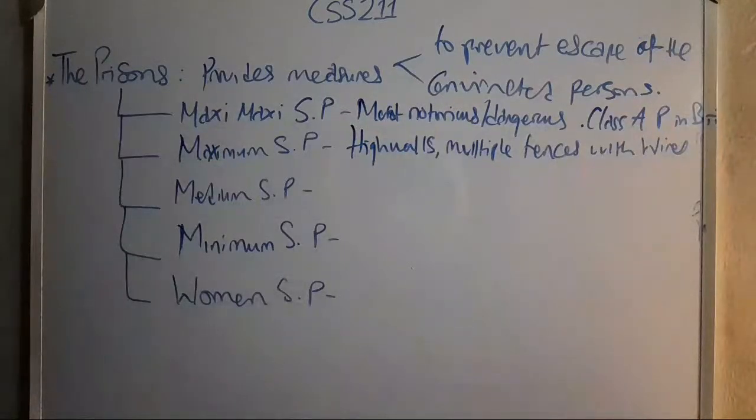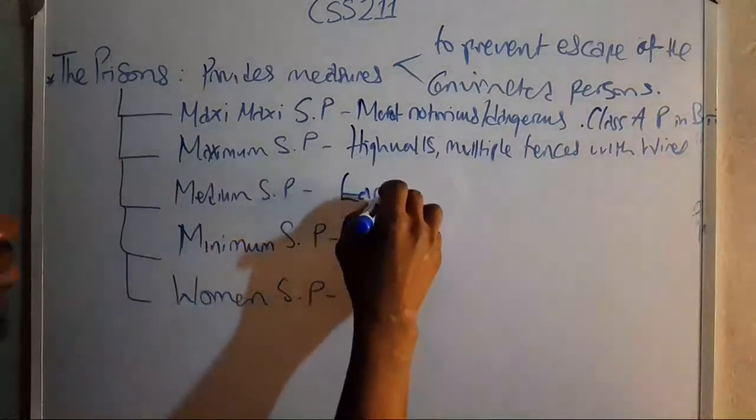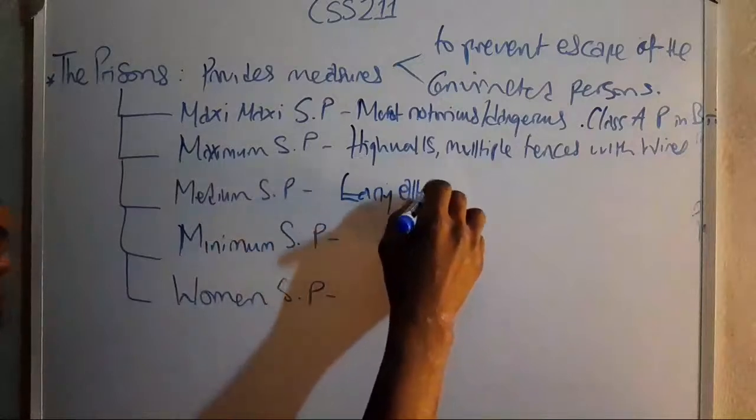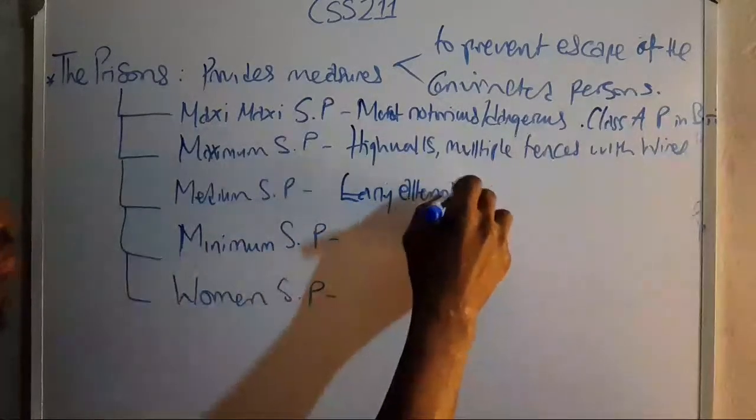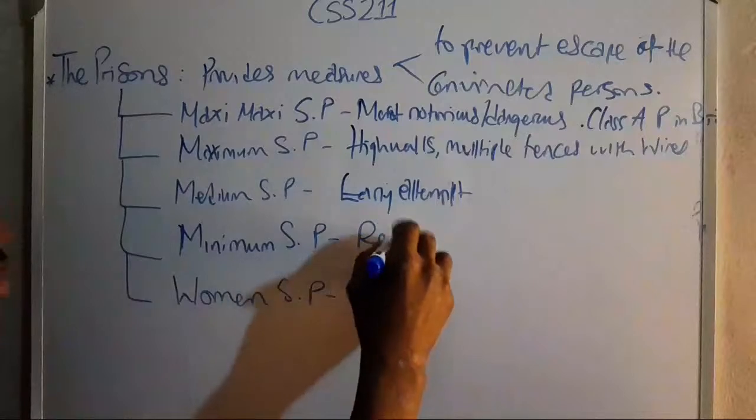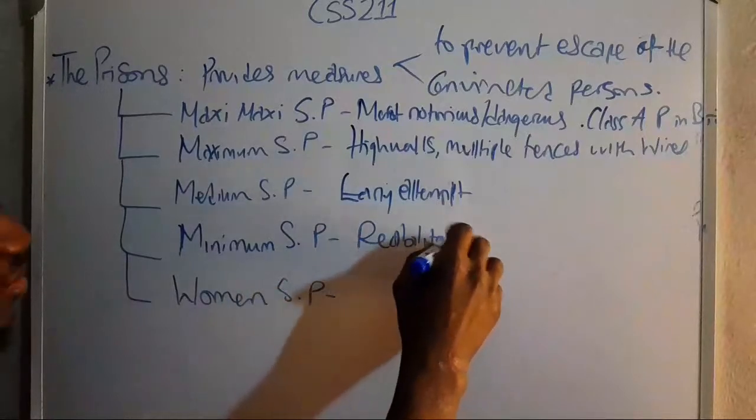The medium security prison is characterized by an early attempt by the prison to reform offenders. The minimum is more of rehabilitation.